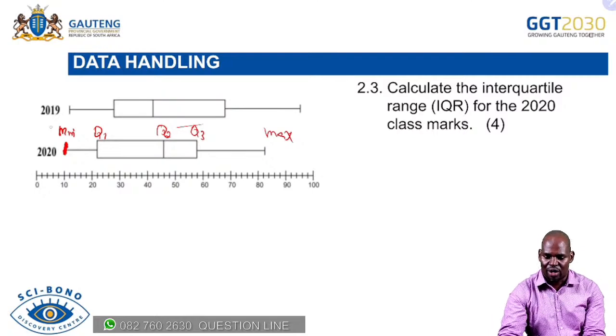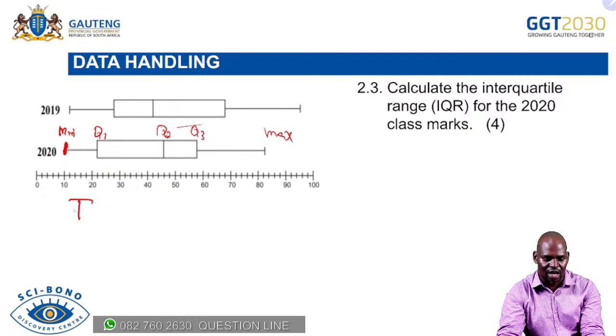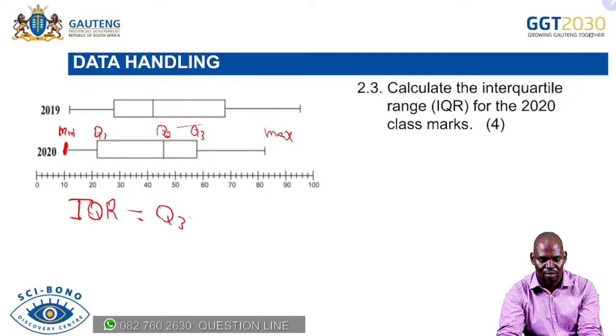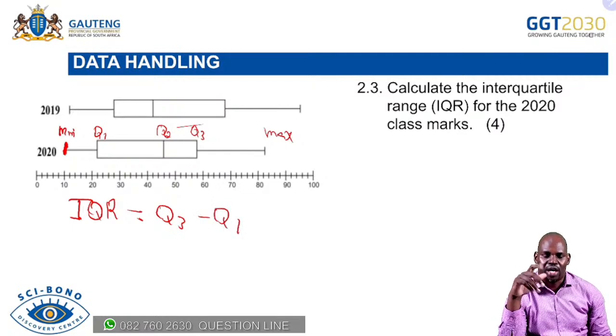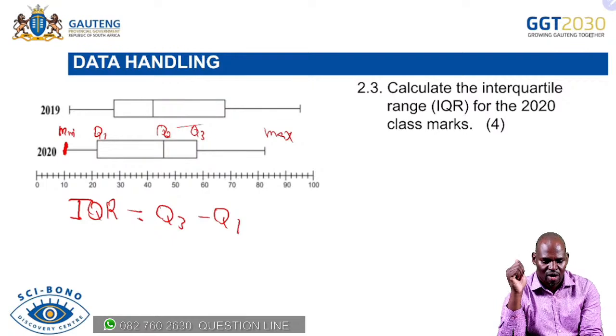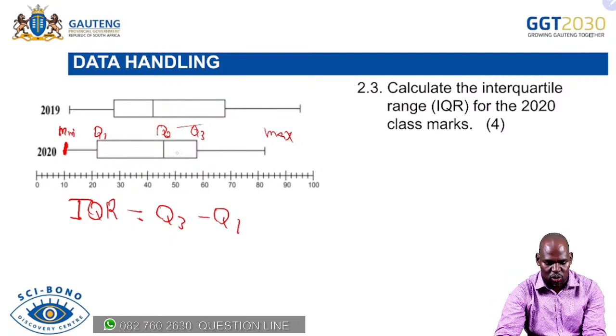Then interquartile range, IQR, equals Q3 minus Q1. Now we need to figure out what our Q3 is. Remember, for 2020, Q3 is somewhere there, and then Q1 somewhere there.